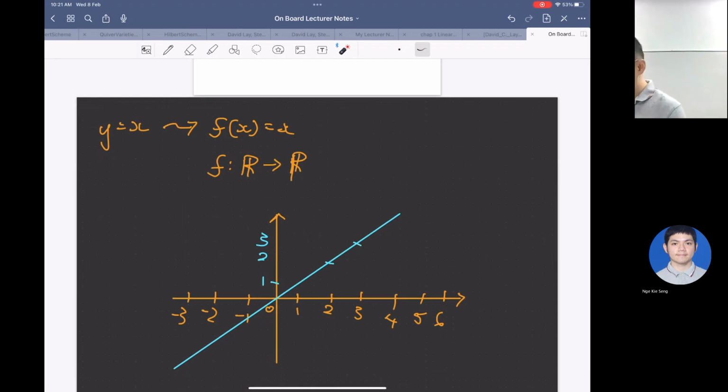So you can see that the blue part is the range of f.